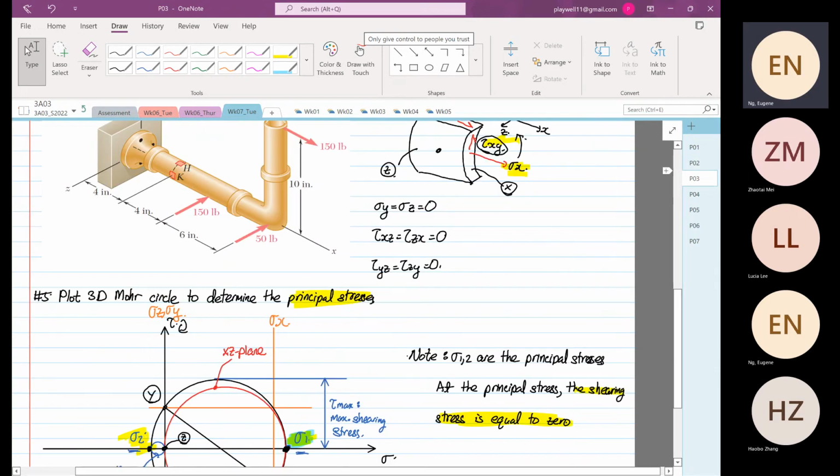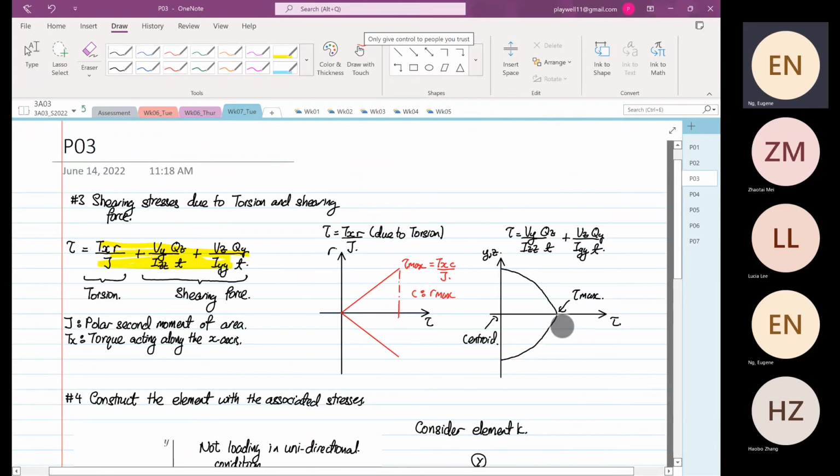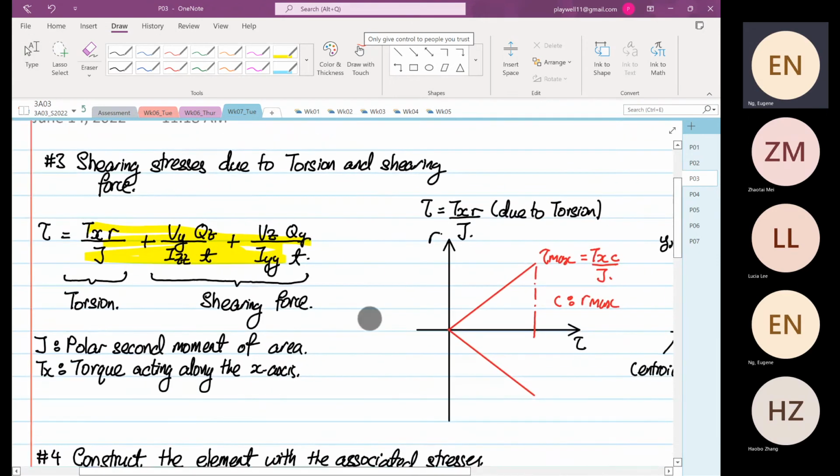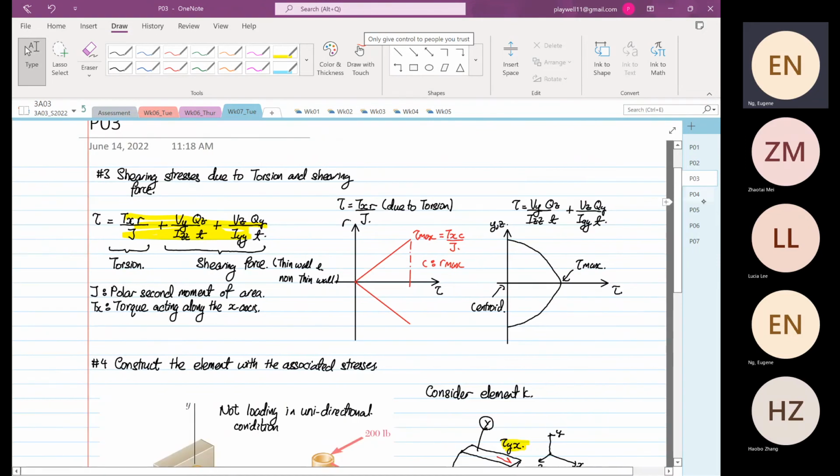The shearing stress that you see over here is not straightforward, because sometimes there is thin wall and non-thin wall. So you have to determine the stresses with thin wall, or sometimes when it is a non-thin wall. The stress field changes a lot when it's thin wall and non-thin wall. Okay, right. So let's do how to determine.